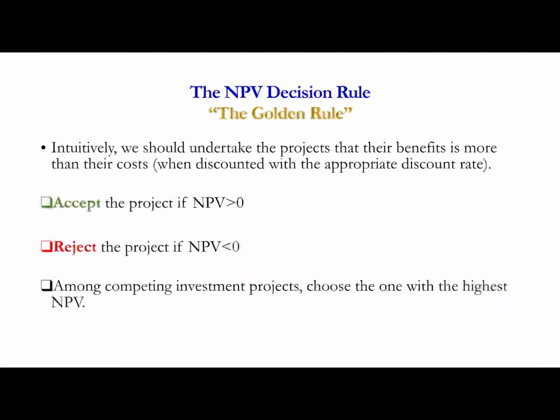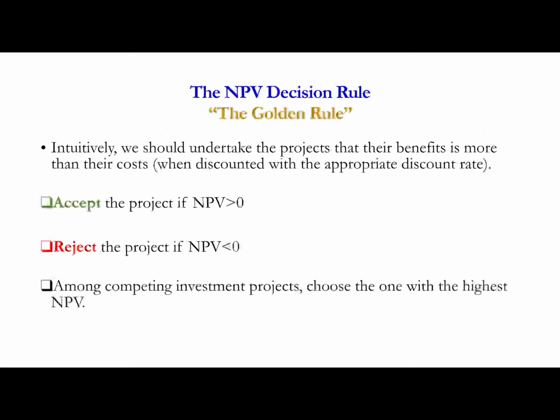So here is the NPV decision rule. We should undertake the projects whose benefit is more than their cost. This is very intuitive. But remember, we cannot simply add or subtract cash flows that are happening in different time periods.